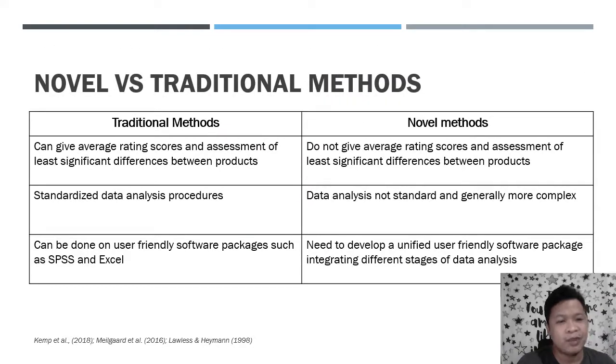Alright, so normally itong traditional methods, sila yung mas based on numbers and statistics. And therefore, they can give you statistical differences and yung mga least significant differences kaya lang identify. Yung novel methods, medyo descriptive lang yan.